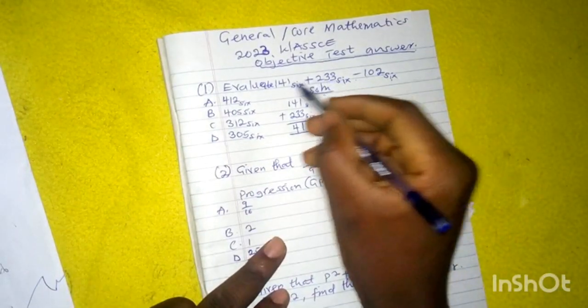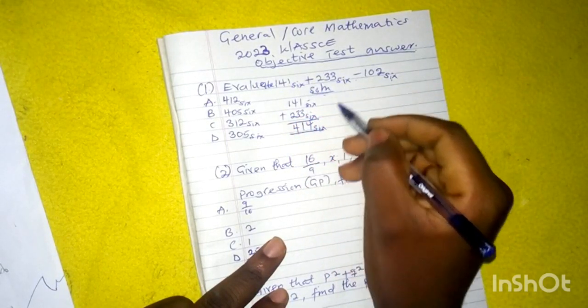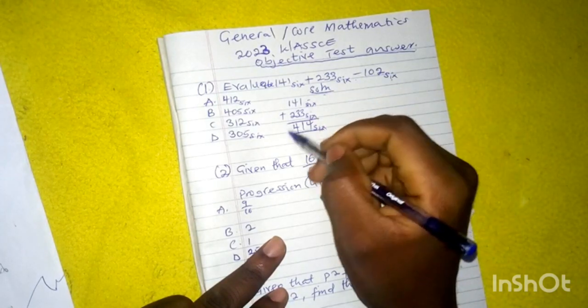Now we've added 141 plus 233 and we have 414. So now we subtract 102 from it.